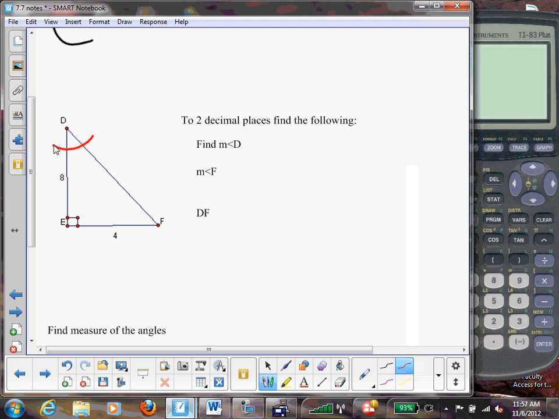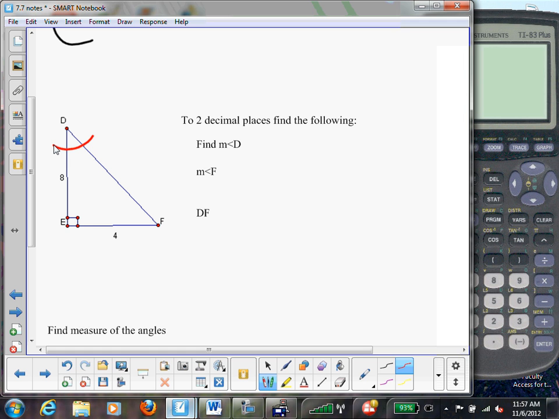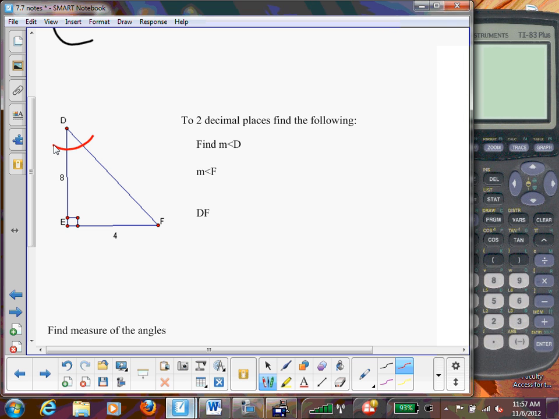We'll start here. Which two sides do I have with comparison to angle D? 4 and 8, but is that adjacent, hypotenuse, or opposite? Opposite and adjacent. Therefore, if I want to find angle D, which trig function uses the opposite and the adjacent side? The tangent.